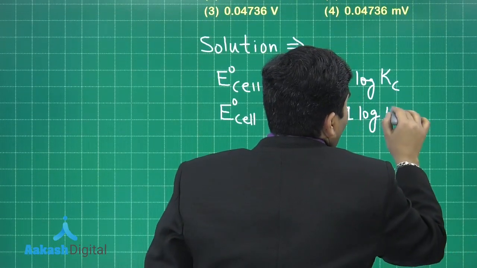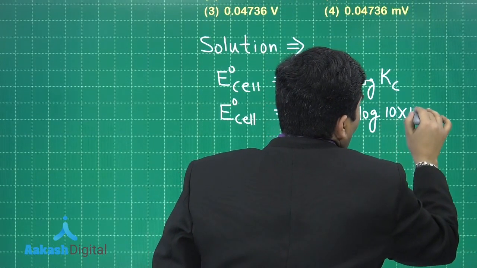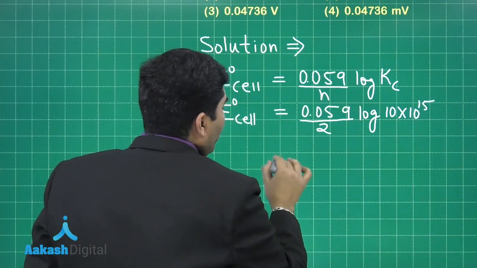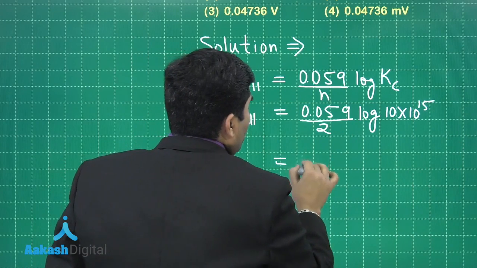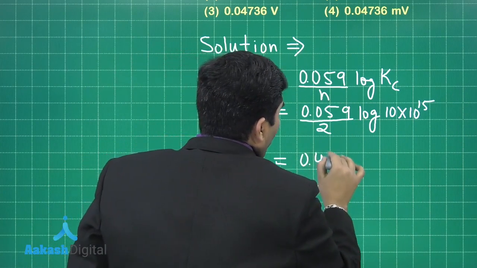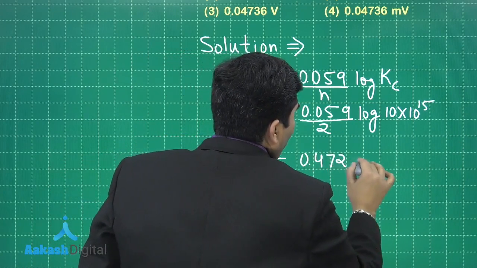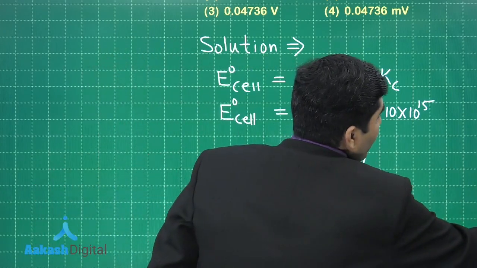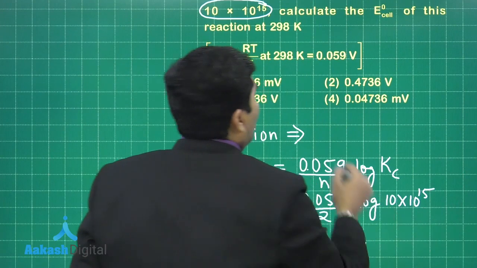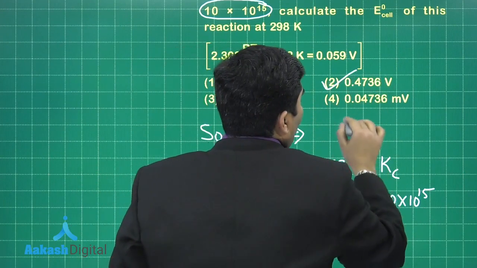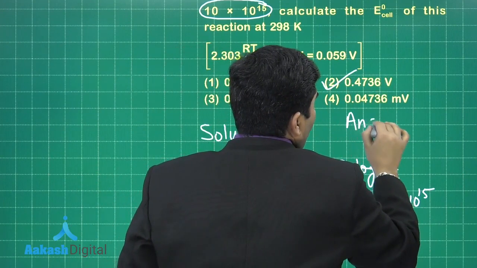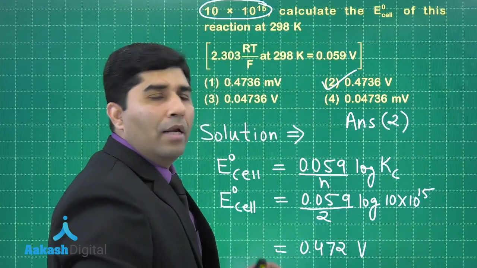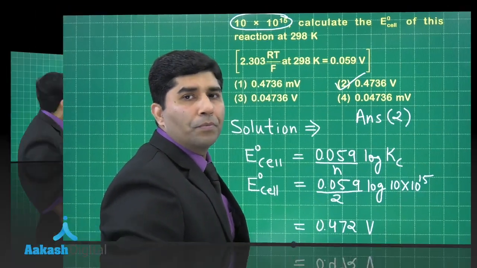When we solve it we will get 0.472 volt, right? So our correct answer out of these options will be option number 2. Let's move on to the next question.